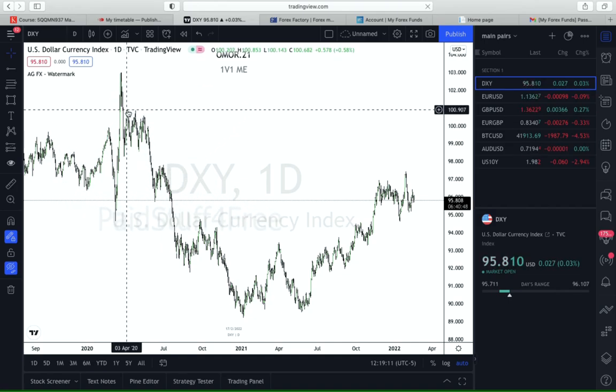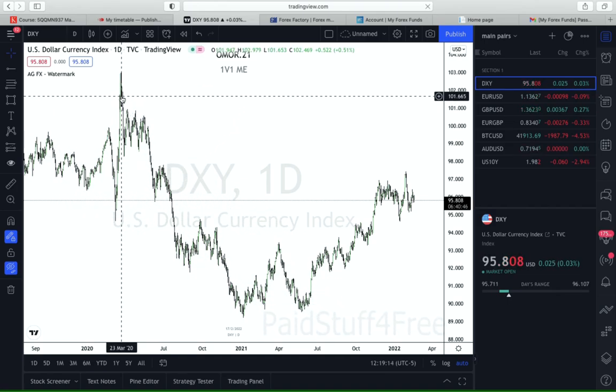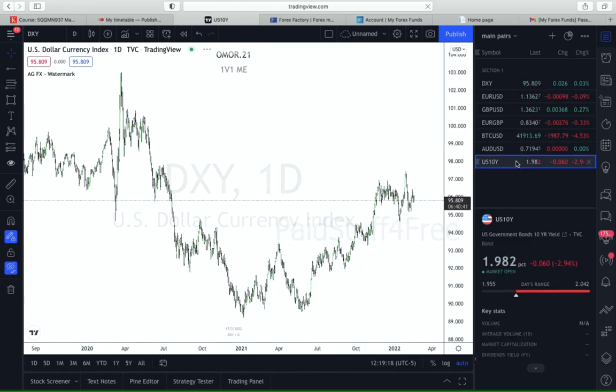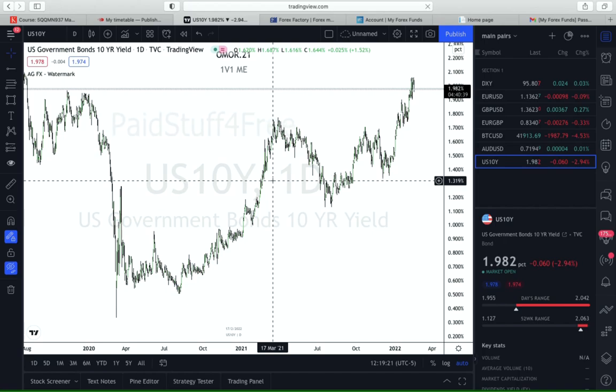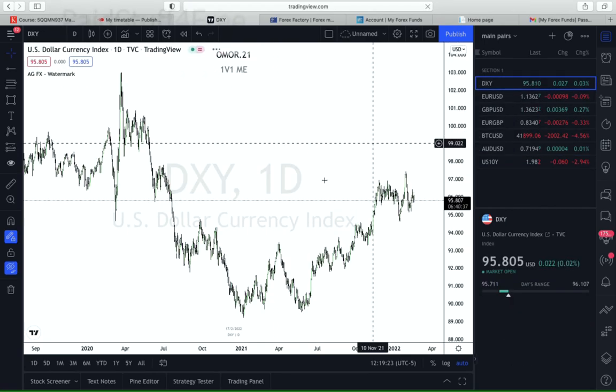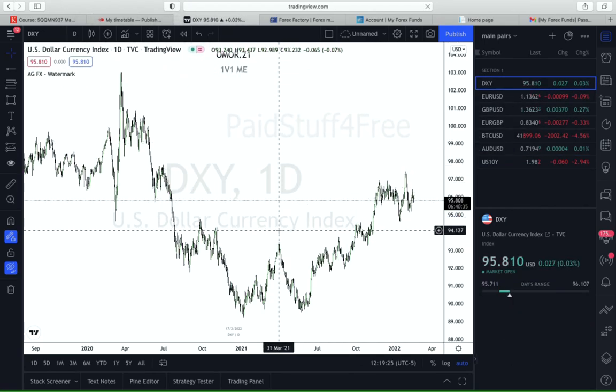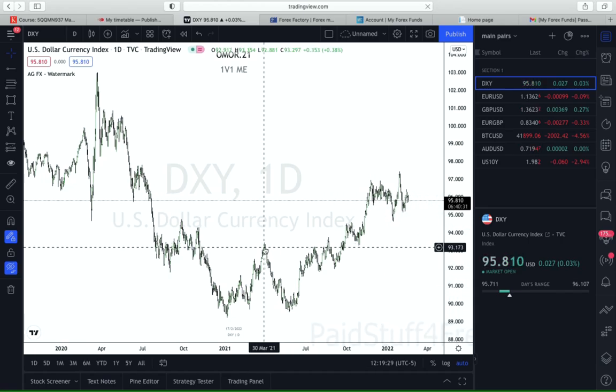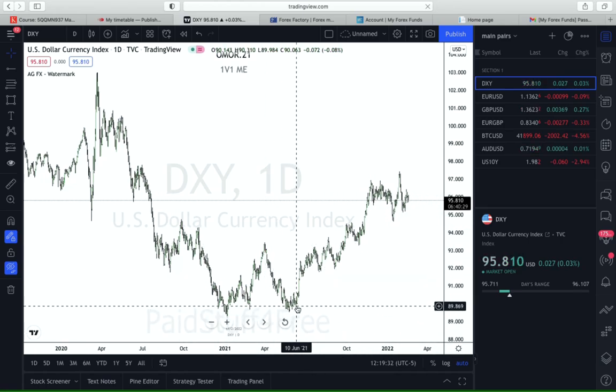Surprise, surprise, 31st of March, we see the decline down. Well, that's 20, that's 21, my bad, let me go to 21 as well. So this is 2021, 31st of March, and we see the decline down.